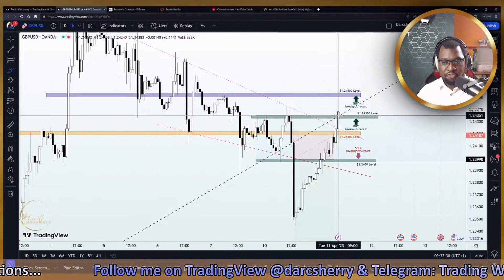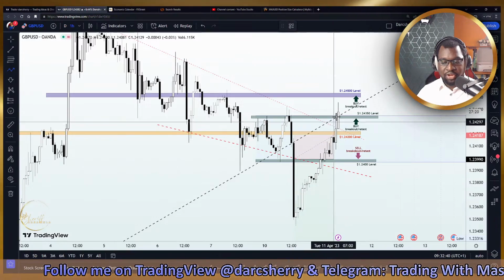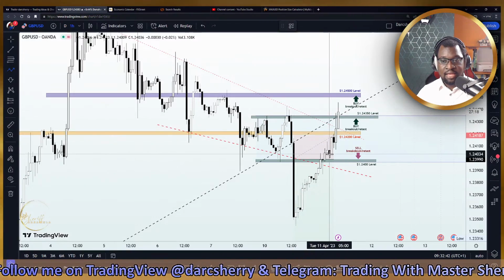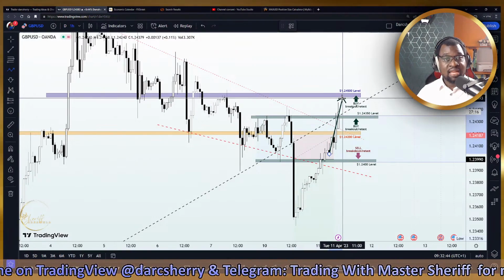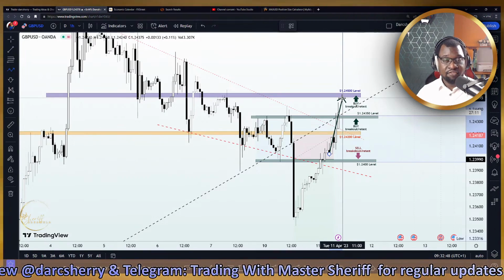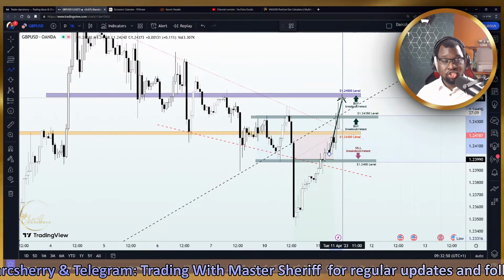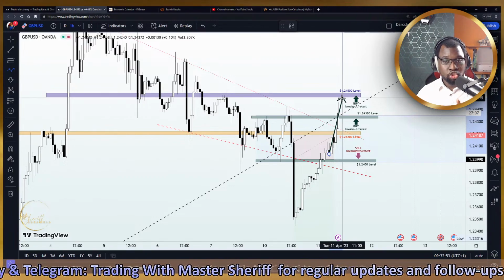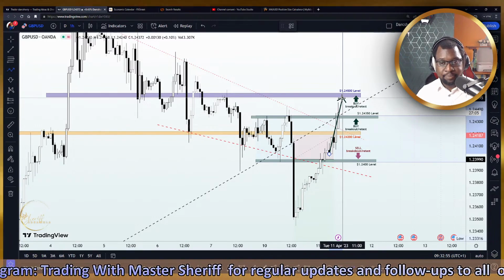Obviously, whenever price action breaks out of a structure like this, we want to see some level of buying pressure resume above that area on our lower time frame to give us the confirmation that we are looking for before joining a bullish move to the upside.